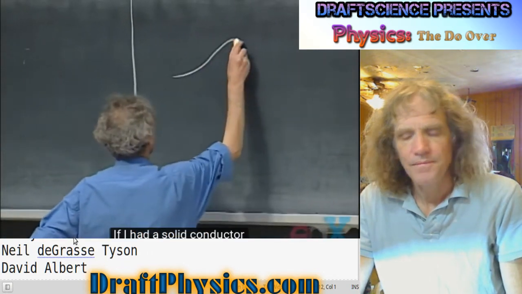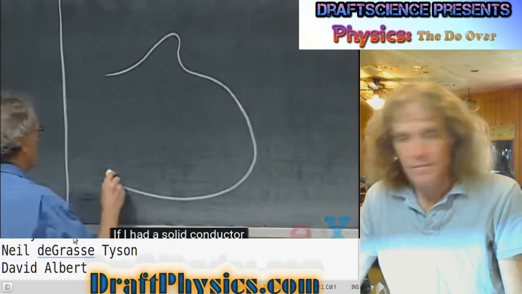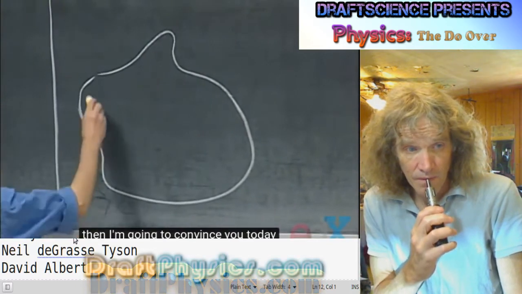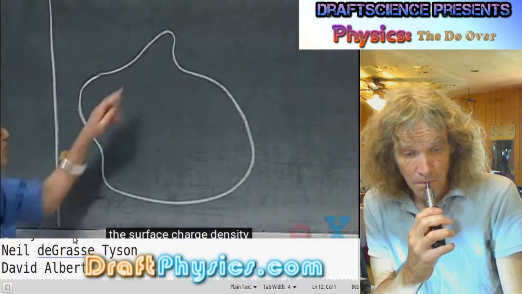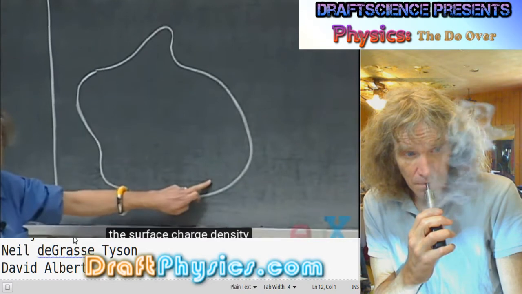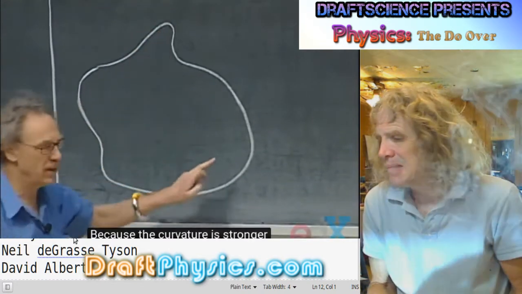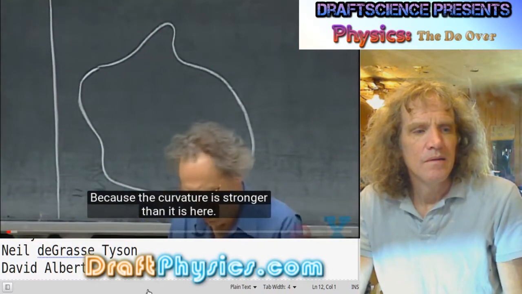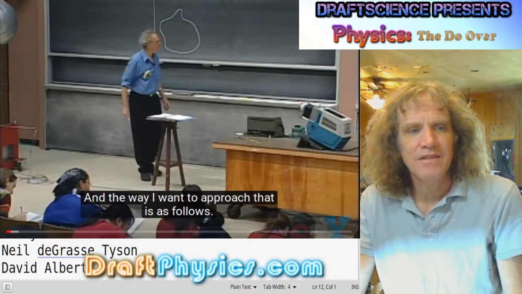If I have a solid conductor which has this shape, then I'm going to convince you today that right here the surface charge density will be higher than there, because the curvature is stronger than it is here. That's the whole argument.